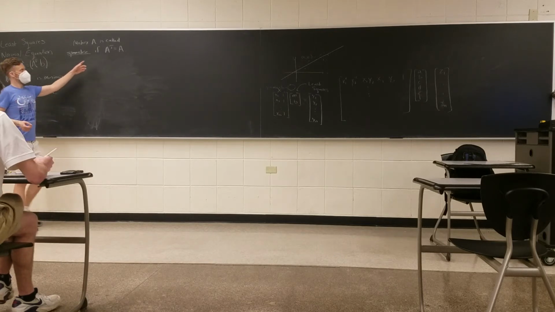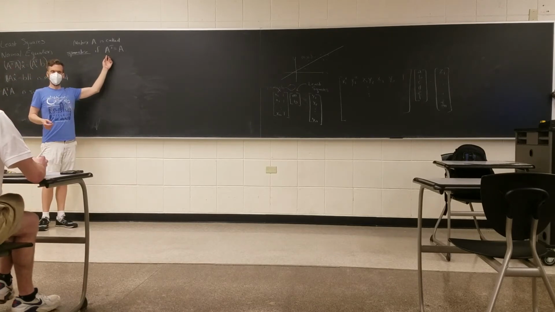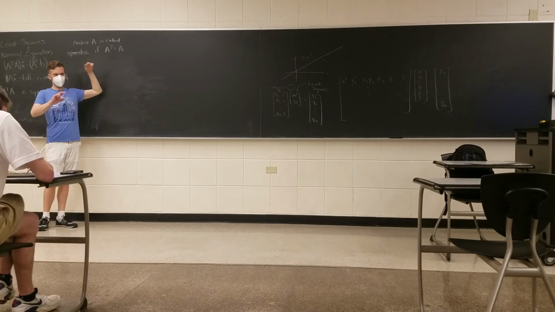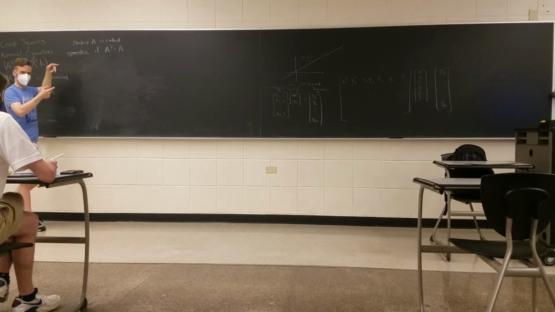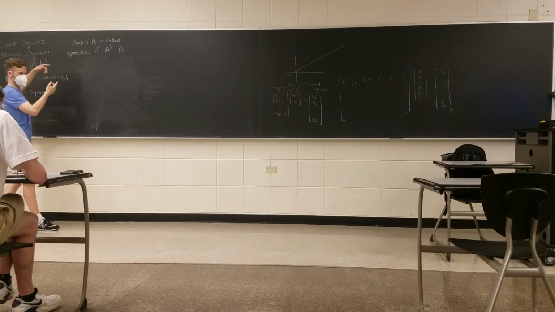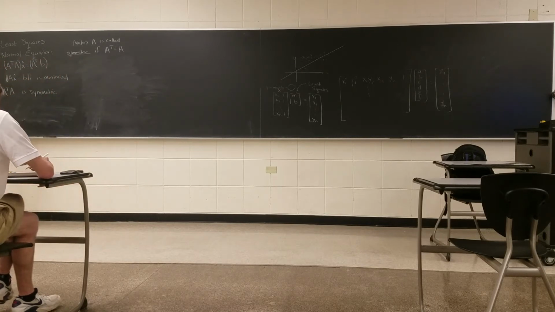Because this is kind of similar to a diagonal matrix, I'm using similar in a non-technical sense right now. A diagonal matrix is also symmetric. It doesn't change when you take the transpose.